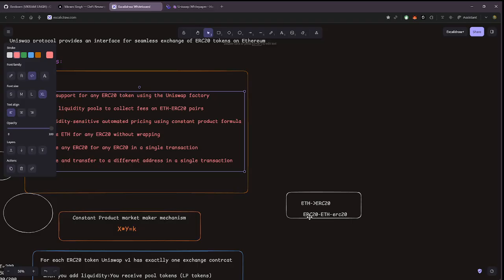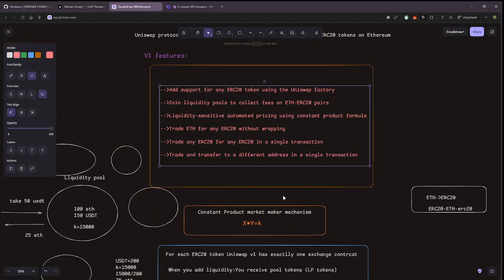If you want to swap an ERC20 with any other ERC20 token, it will first swap your ERC20 with ETH in the first pool, and then simultaneously in the second pool, it will swap that ETH with the desired destination ERC20 token. This is how it works, in only a single transaction. You can also trade and transfer to a different address in a single transaction, the same way, and to various addresses too.